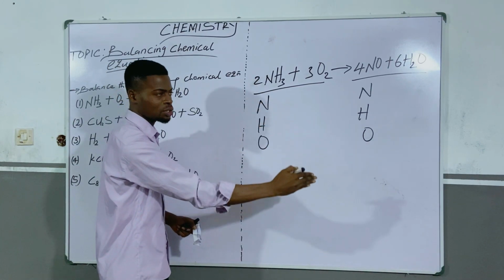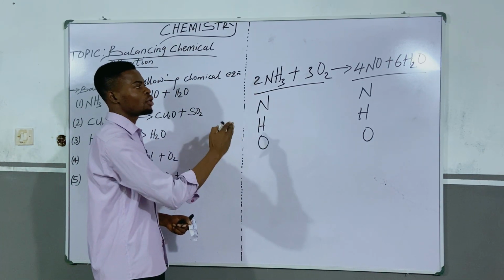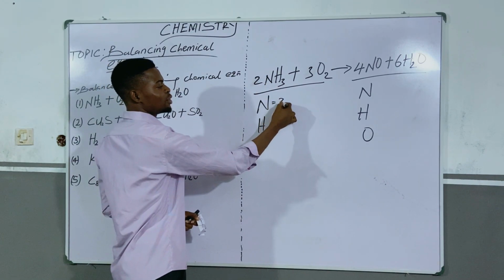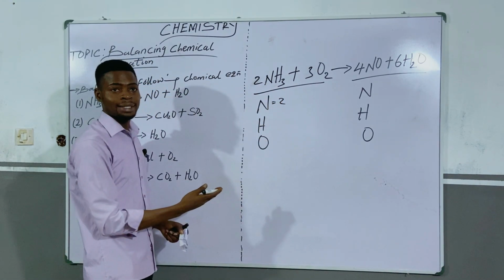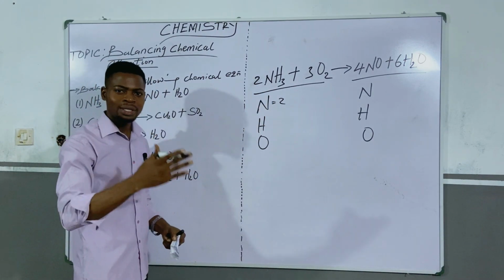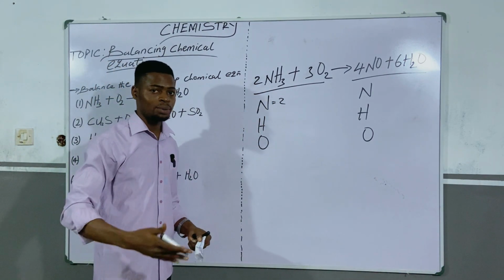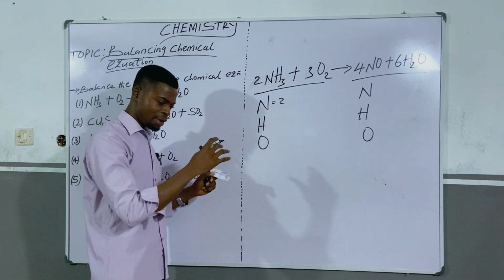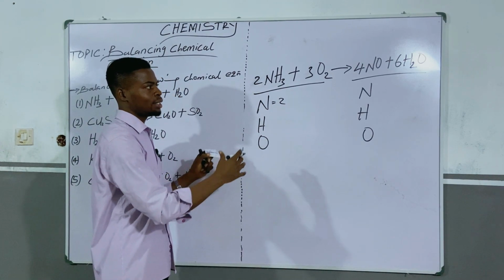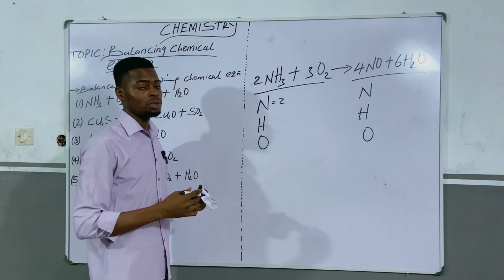You multiply the subscript by the coefficient of that element, so we have 2 nitrogen in the reactants. What we are doing now is atomic count: how to count the number of atoms or elements on both sides of the equation.